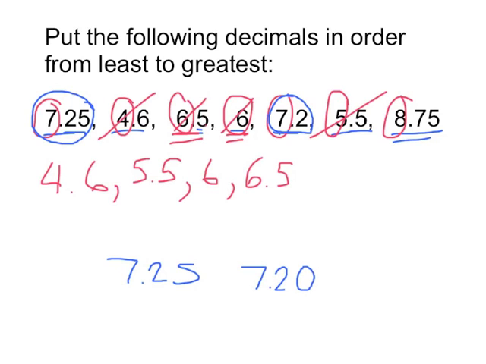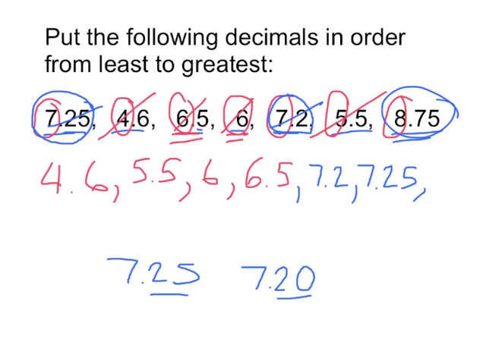And now, because they have the same number of decimal places, it should be easier to see which one's larger. This is 7 whole and 25 hundredths. This one is 7 whole and 20 hundredths, meaning that this one is larger. Finally, we got one left. That's this one, 8 3/4.